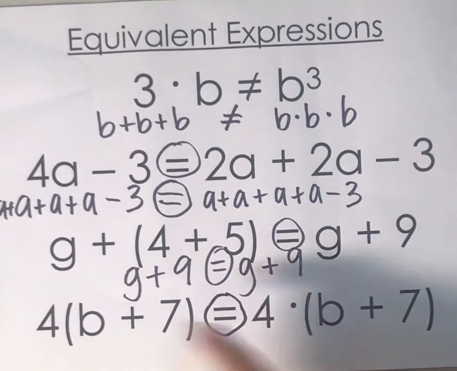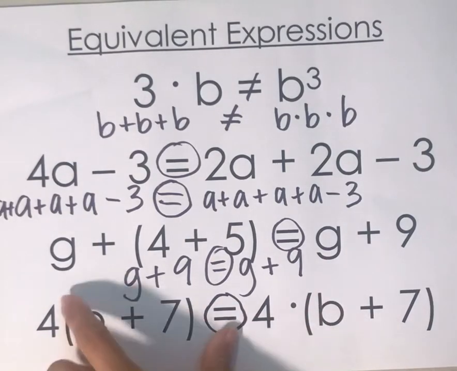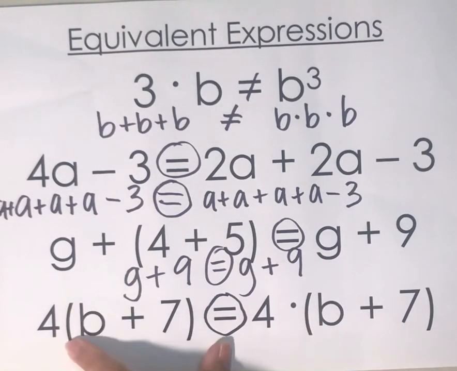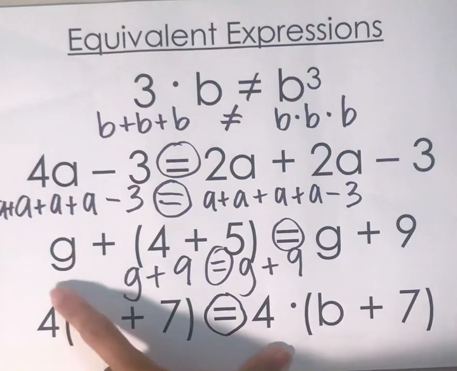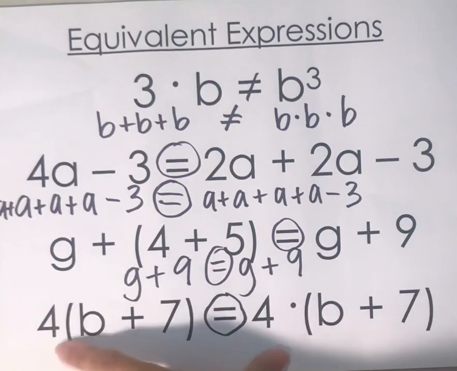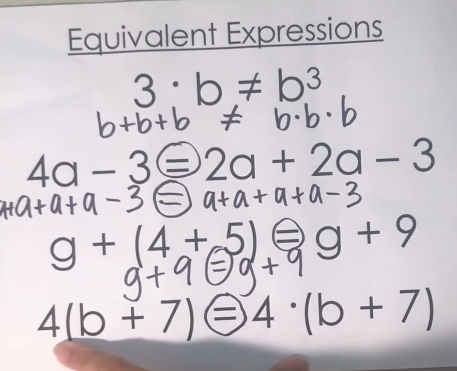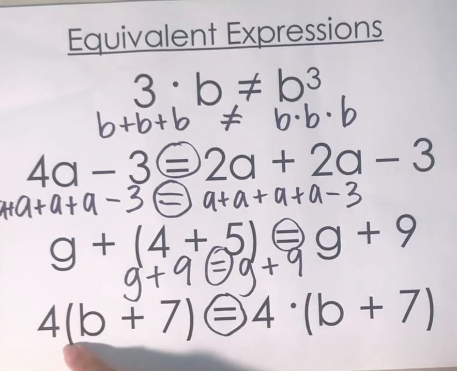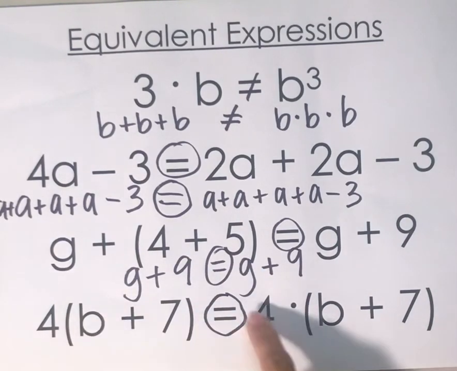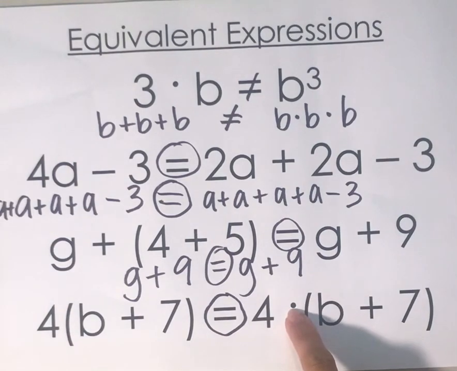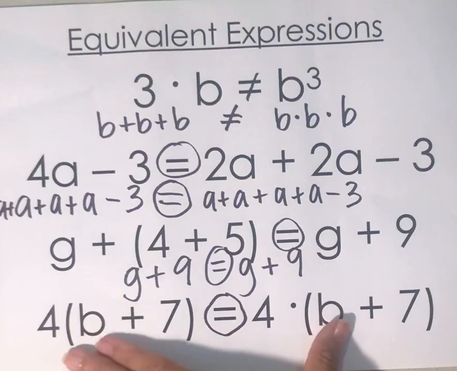The reason is because parentheses can also represent multiplication. So you don't necessarily need the dot, because if you don't have any symbol there, that means to multiply. But you can also have the dot there and these still mean to multiply. So these are equal to each other.